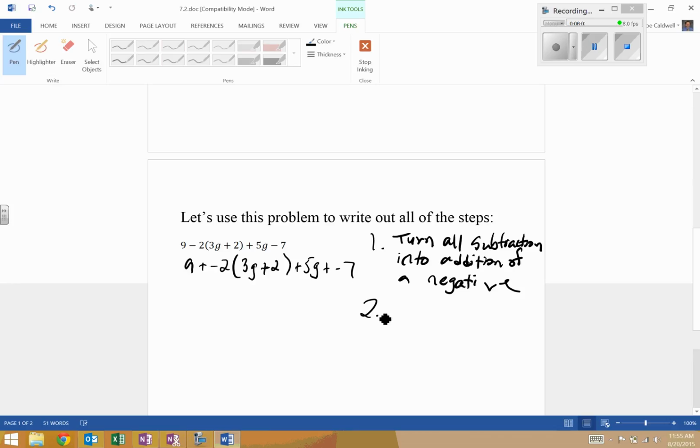Following order of operations, what you want to do first is deal with anything in parentheses. You want to multiply before you add. All of those things are still the same, even though we have variables.